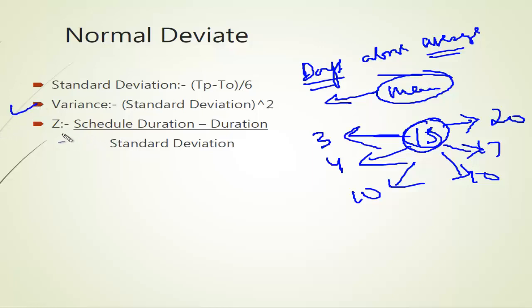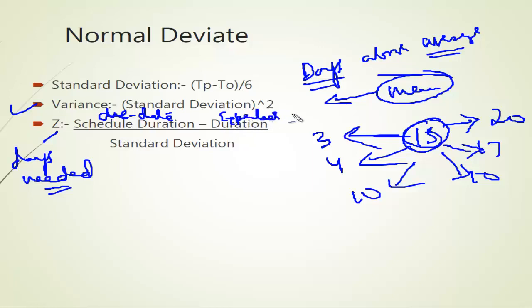And then Z gives the days needed. This is what we need, how many days we are needed. That is the scheduled date or due date, the date you have given for the project, the date where the project should finish. This is the due date. Minus the duration, the expected date.